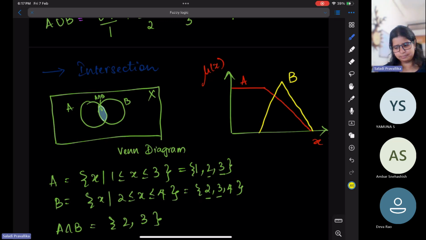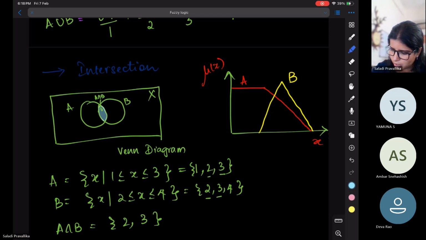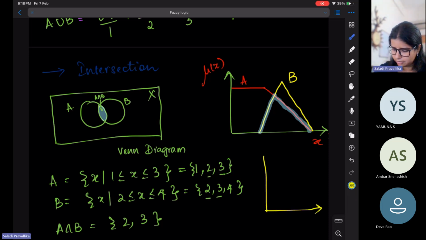Let's call this B. In union, we have taken the maximum membership function value, whereas in intersection, it is just the opposite of that. You are going to take the minimum values. So for A intersection B, the membership function values are going to be this. Let's draw the graph again. It's only going to be this small part for A intersection B.